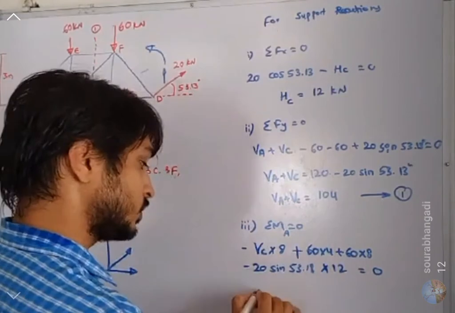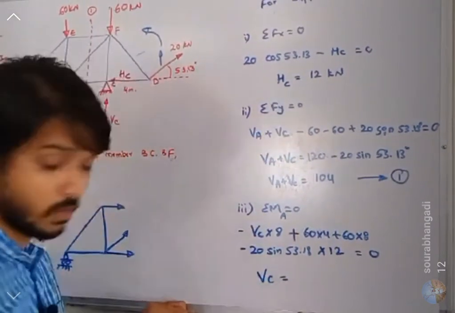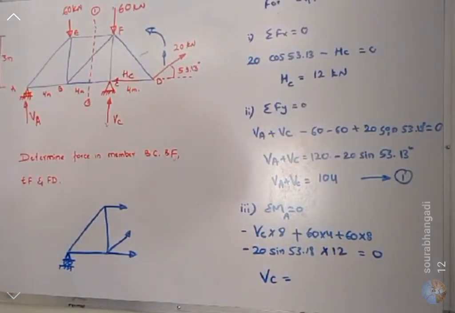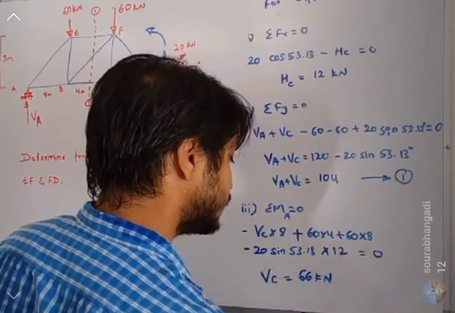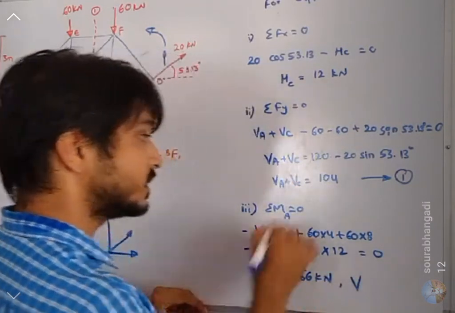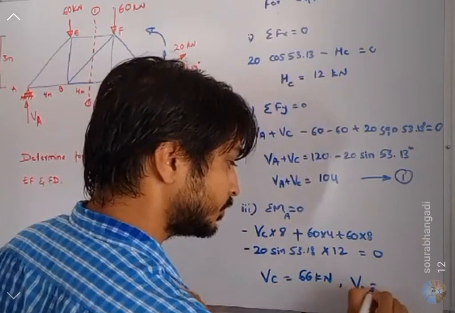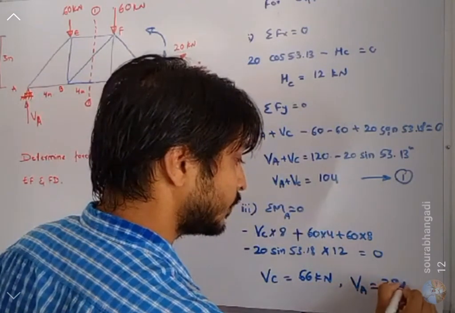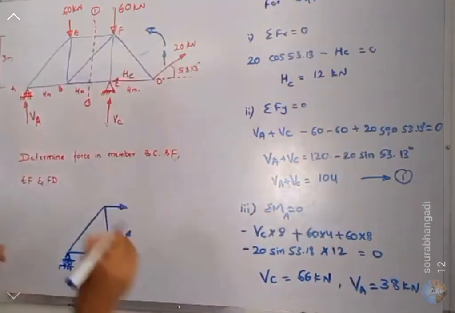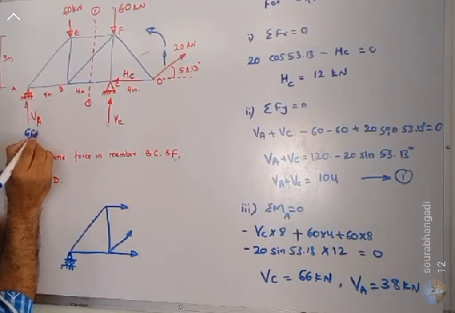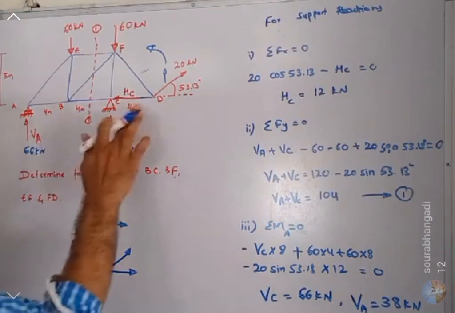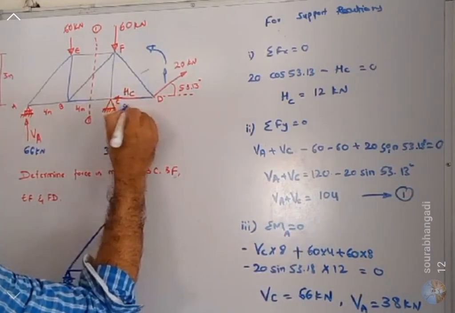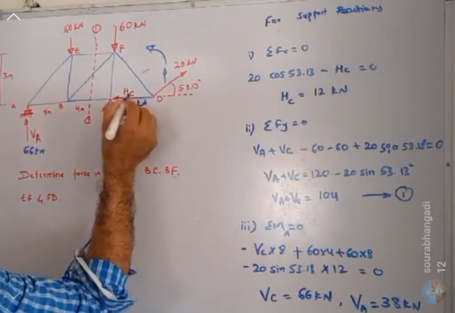Solving this, we get VC equals 66 kilonewton, and solving further, we get VA equals 38 kilonewton. And HC is also there; HC equals 12 kilonewton.